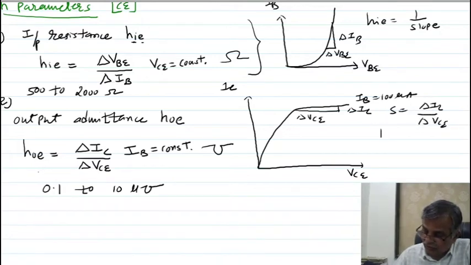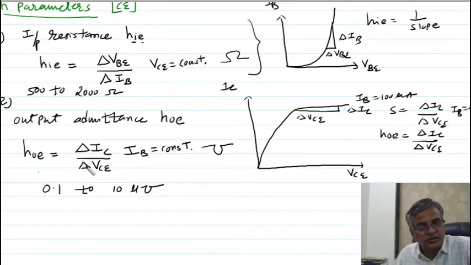This slope is called HOE. Here IB is constant. The ratio of change in collector current to the corresponding change in collector emitter voltage at a constant value of the base current is called output admittance. Its range is like this.